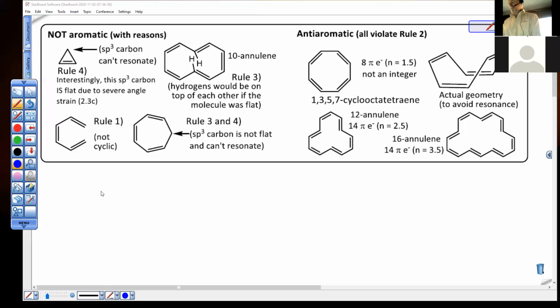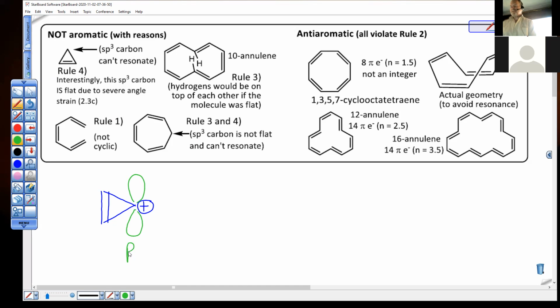how can you have 2 pi electrons and be aromatic? Well, let's fix that sp3 carbon, shall we? If that sp3 carbon is not really an sp3, but it's sp2 as a carbocation, I want you to remember sp2 has an empty p orbital.